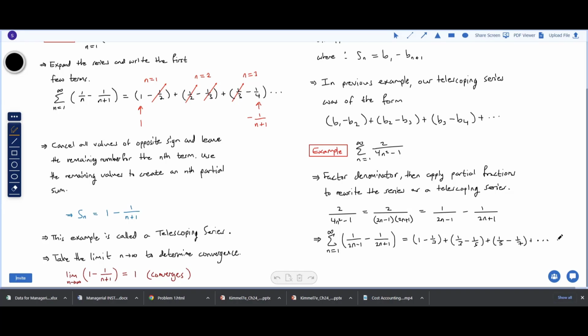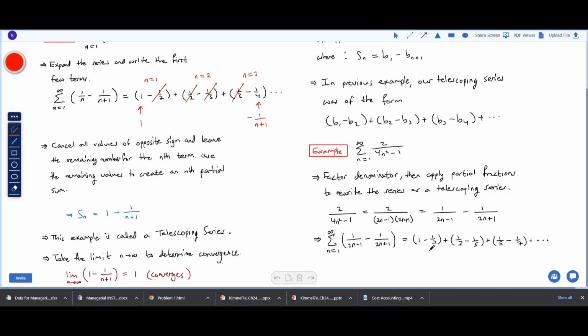Let's choose an arbitrary nth value. Suppose we want the partial sum for when n is equal to 3.